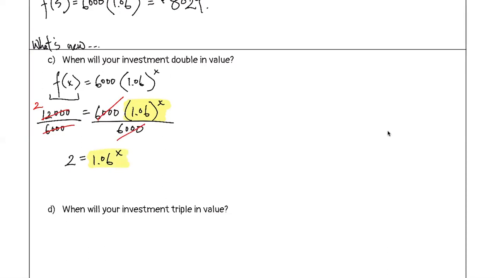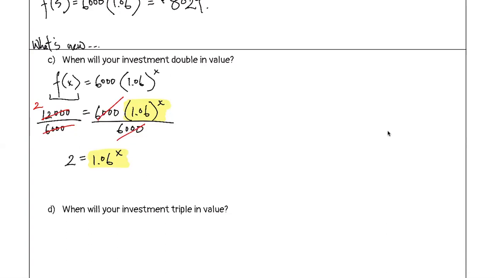Now, you could guess and check. You can plug numbers in for x, which is fine. But when you see a question like this on an exam, what I'm looking for is for us to be like, oh, we need an algebraic way to get the x out of the exponent.